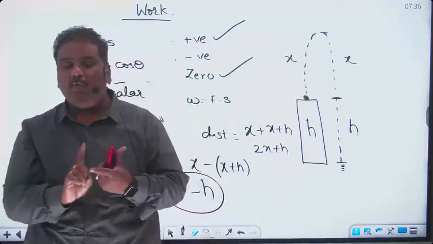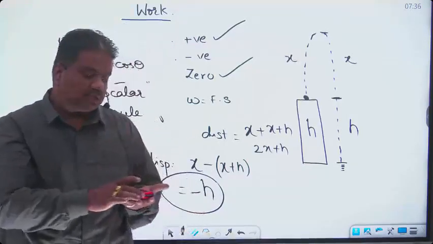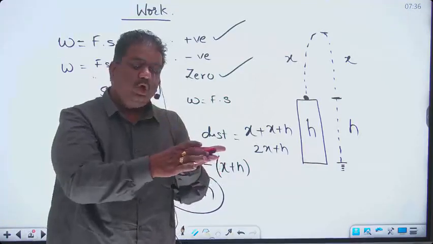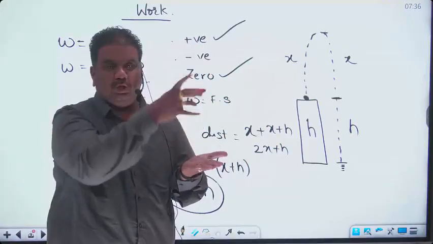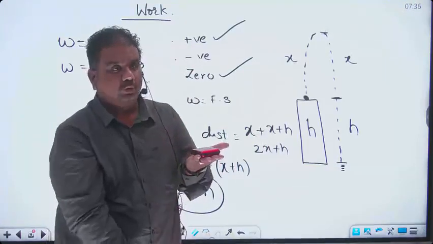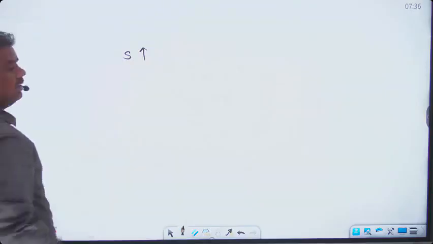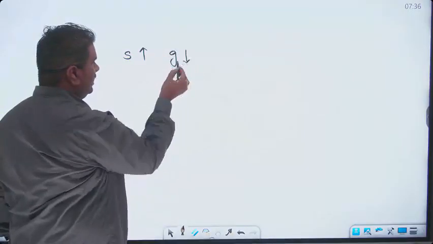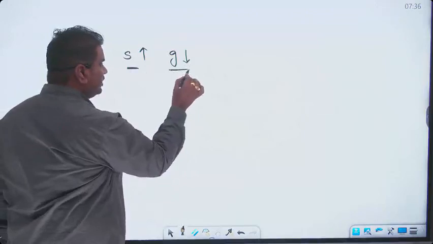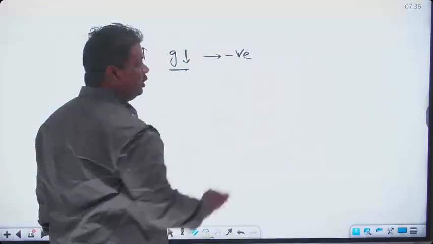So whenever the force is in the upward direction, how is the object moving? The object is moving in the upward direction. In which direction is the displacement? Upward direction. In which direction is gravity? Downward direction. So in this particular case we say that whenever the displacement is in the upward direction, and gravity, the gravitational force, is in the downward direction, displacement and gravitational force are in opposite directions, the work done is always negative.